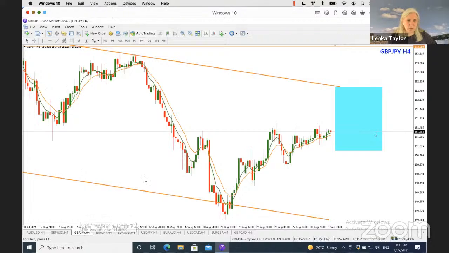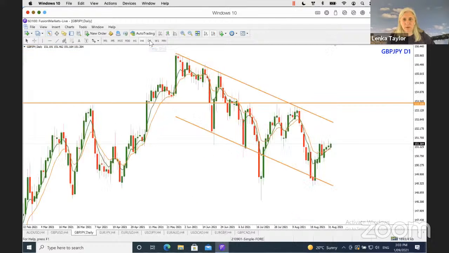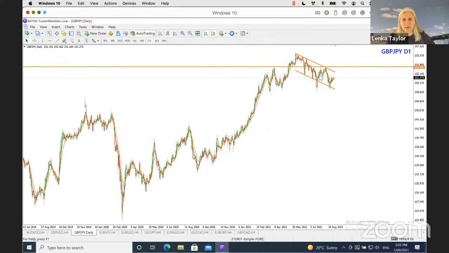So looking at GBPJPY, on this one, I'm also looking at a short. In terms of where we're at, just at the top there, I'm looking for the price to potentially go a bit further up, or around that level, looking for a reversal for a short.